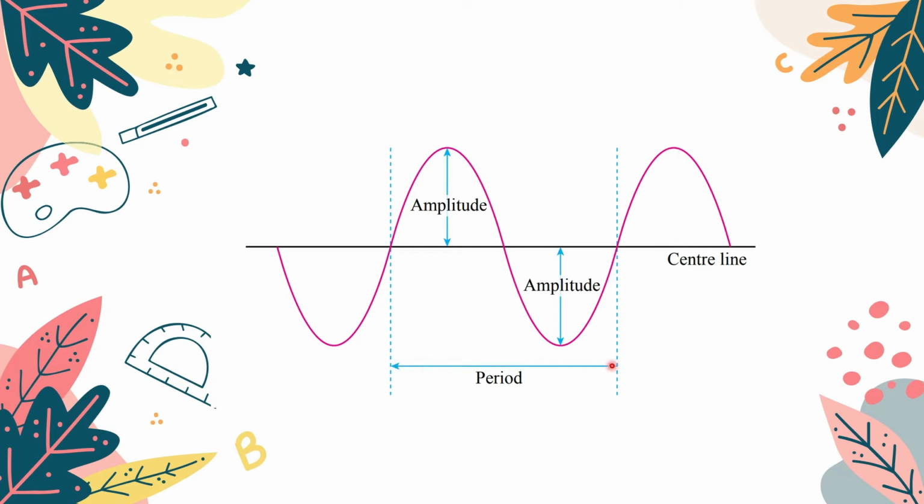Dan period ialah tempoh bagi satu putaran lengkap. Untuk graf sin, putaran lengkap ni akan begini kita belajar. Tempoh untuk satu putaran lengkap kita panggil dia sebagai period. Untuk graf sin, periodnya adalah 360, graf cos juga 360, tapi untuk graf tan, tempohnya adalah 180 darjah. The period for tan graph is 180 degrees.